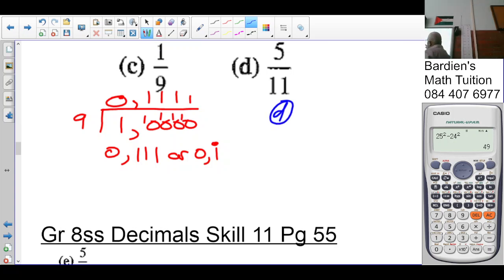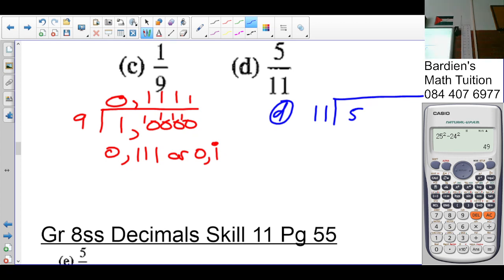So it's going to simply be 5 divided by 11. Okay. 5 divided by 11. Can 11 go into 5 without a remainder?